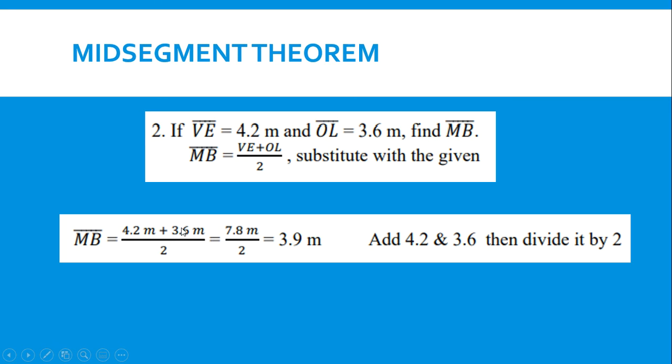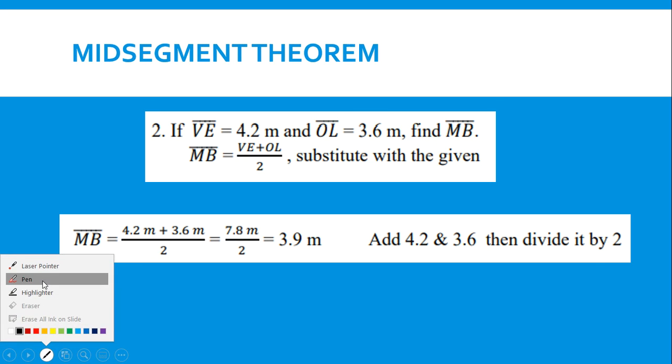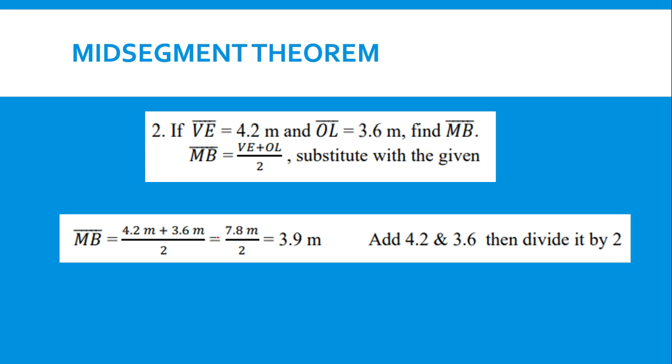So, 4.2 plus 3.6, that's equals 7.8 meters. All over 2, that is divided by 2, that is equals 3.9 meters. Therefore, the median, which is MB, is equals 3.9 meters.